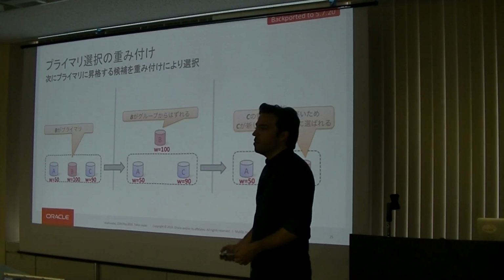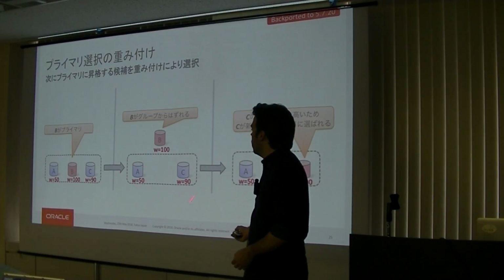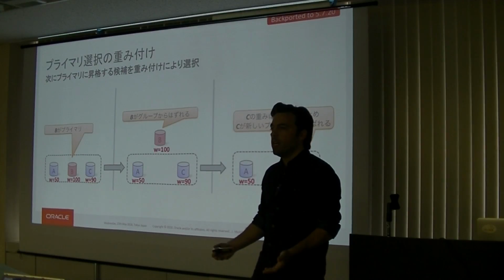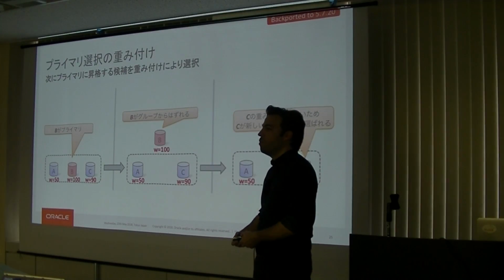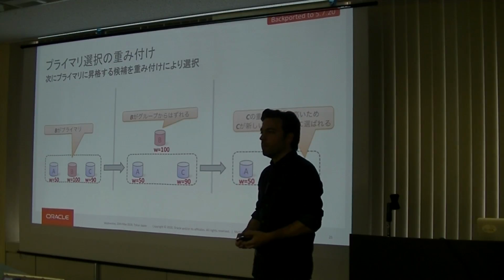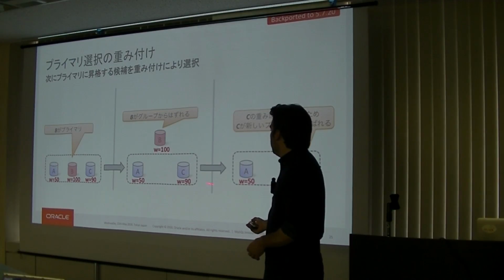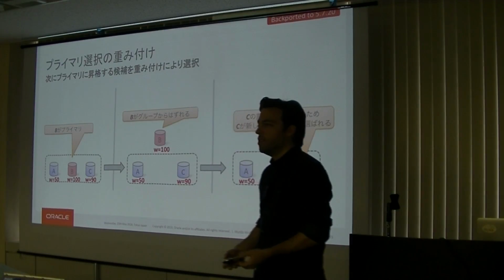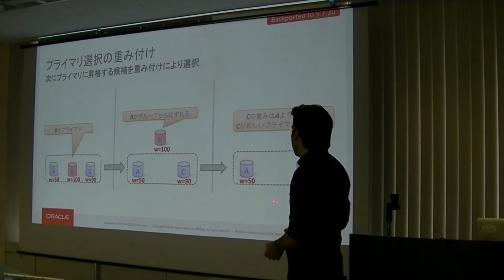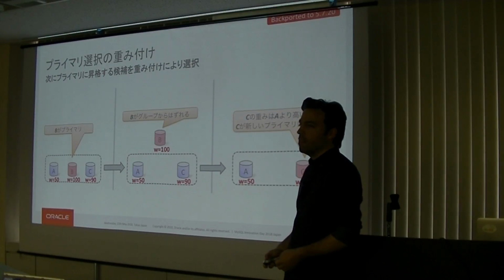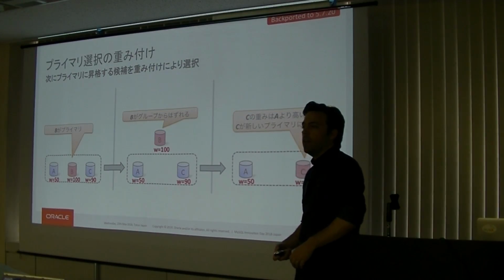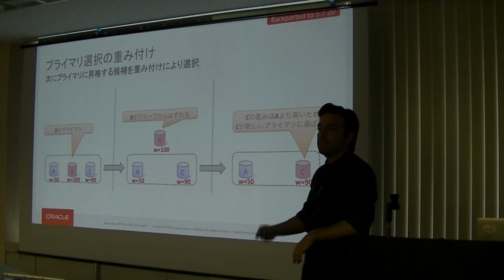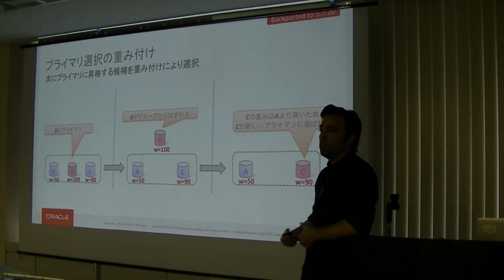If we take B outside of the group, the group has 2 members, so it will realize that the primary is gone and will have to elect a new primary. By using the weights, we can influence the selection: if the current primary goes away, the server with the highest weight will be the next primary. So this server will win the election.